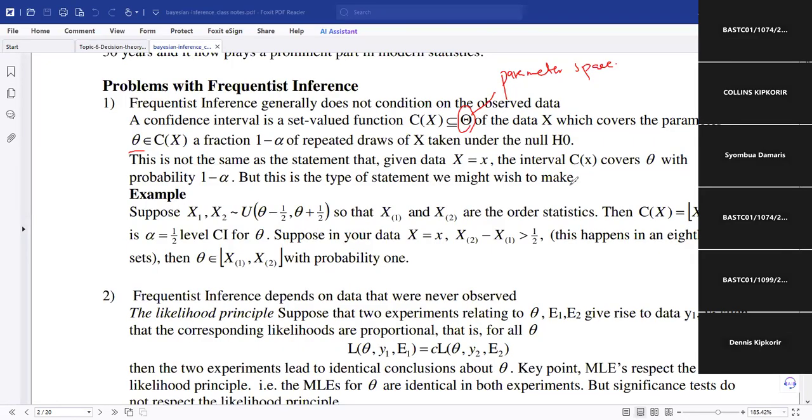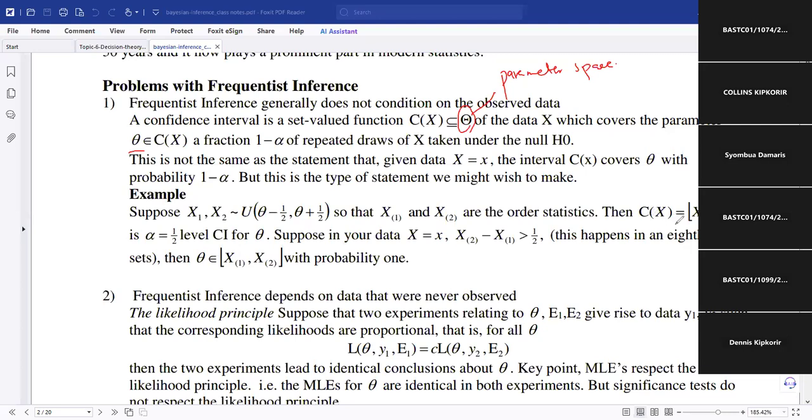So what happens is that the confidence interval is taken to be some set-valued function, a subset of the parameter space, of the data x, and it covers the parameter theta which is contained in the set-valued function here. As an example, suppose x1 and x2 are uniformly distributed, so that x1 and x2 are ordered statistics.